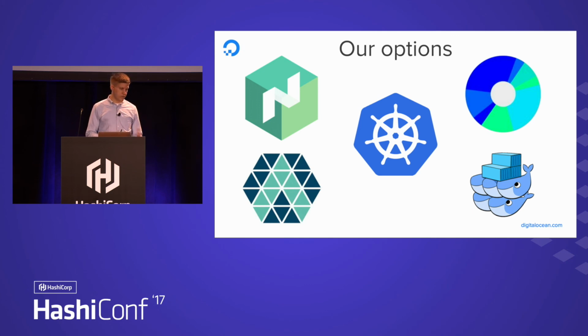We started looking around at what's being used in the industry, what some of the companies that have been very successful with their infrastructure and operations and are really well known for it were using. The five things that really bubbled up to the top were Nomad, which had actually just been released a little before we started down this path in late 2015. So that was one of the things we looked at.